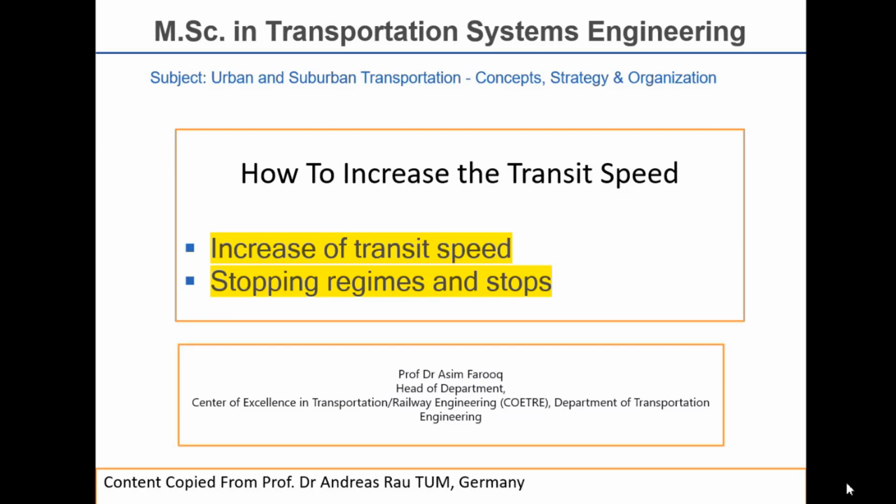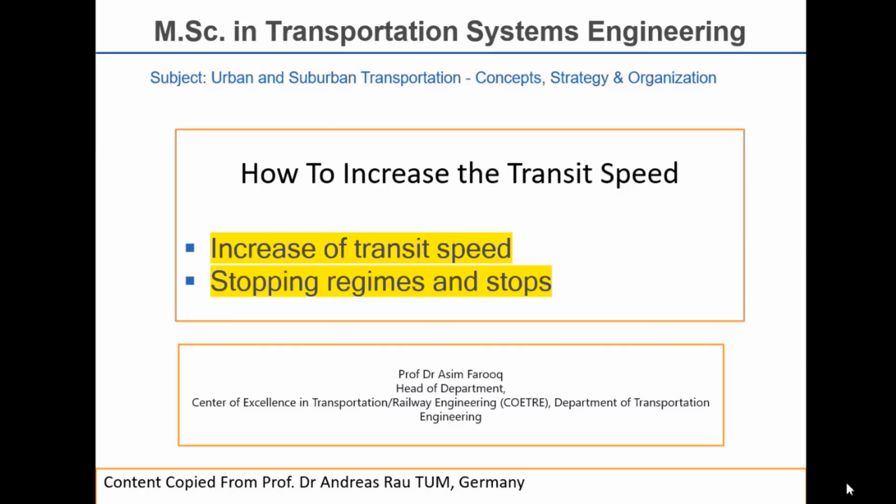However, for longer trips, they cannot maintain the same speed. So the requirement for speed is higher, while the desire to increase transit speed is becoming one of the most increasing challenges.